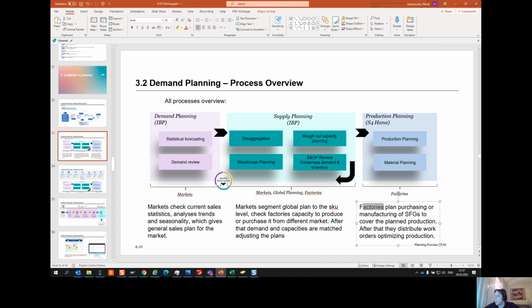Yes, factories, totally right. Factories plan purchasing or manufacturing of semi-finished goods. We can buy some components we don't produce ourselves, and factories usually produce semi-finished goods first, like cigarettes, which are then packed into small packs, which is also a semi-finished good.